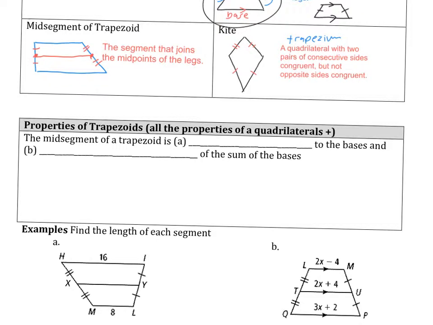All right, so let's officially state that. The midsegment of a trapezoid is A, parallel to the bases, and B is 1/2 the length of the sum of the bases. And another way to put that is to say it is the average of the bases.